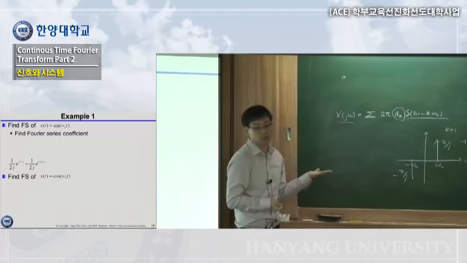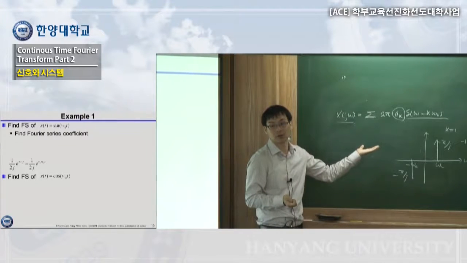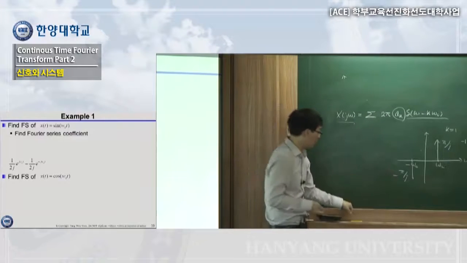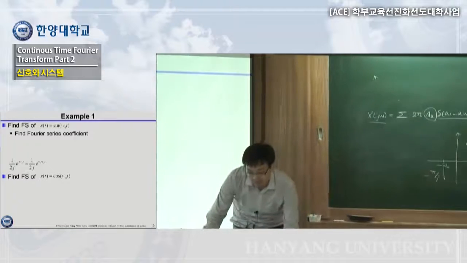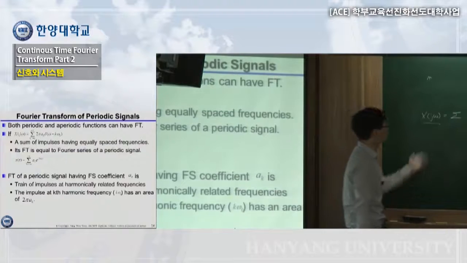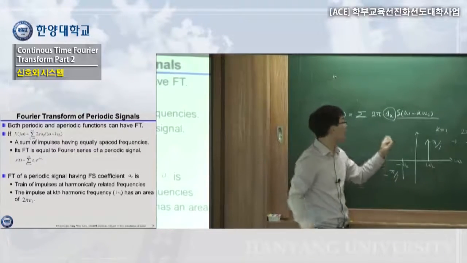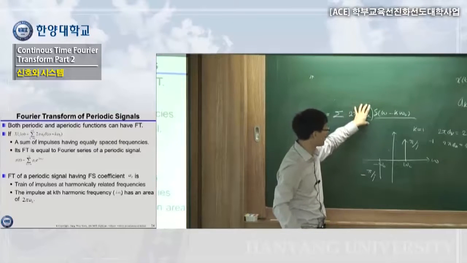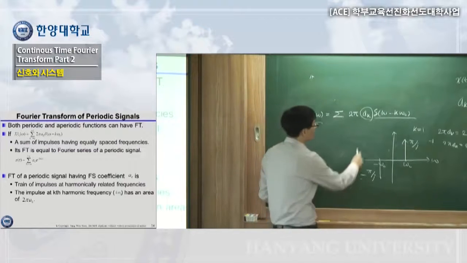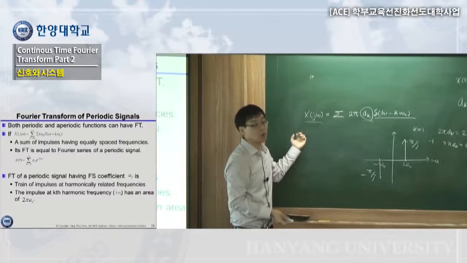If the function is a periodic function having Fourier series coefficient ak, we can consider them as impulses, because we are taking samples having an amplitude of 2 pi ak. So if you can find ak, you can find the Fourier transform. So this is one way.